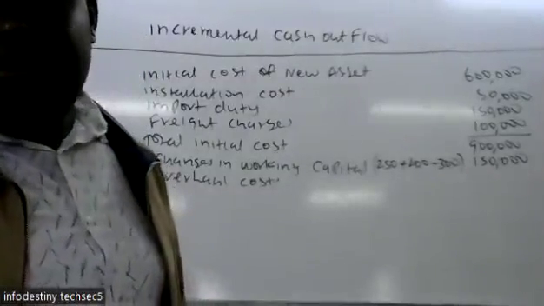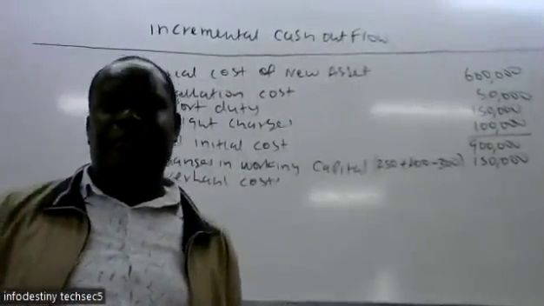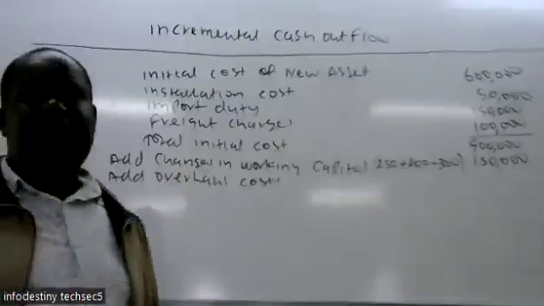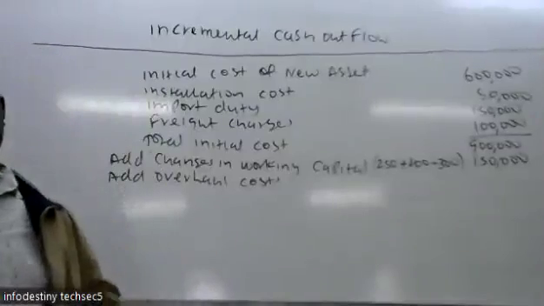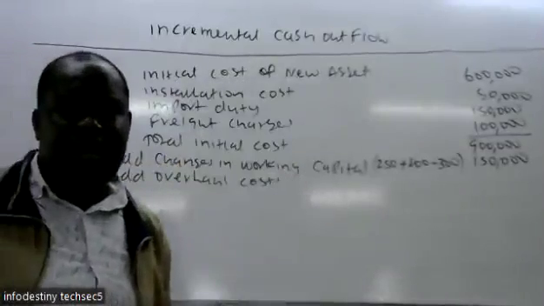There is a question we did under the net present value, and I gave you some notes on the overhaul costs. So overhaul cost will also be included when you get the incremental cash outflow.